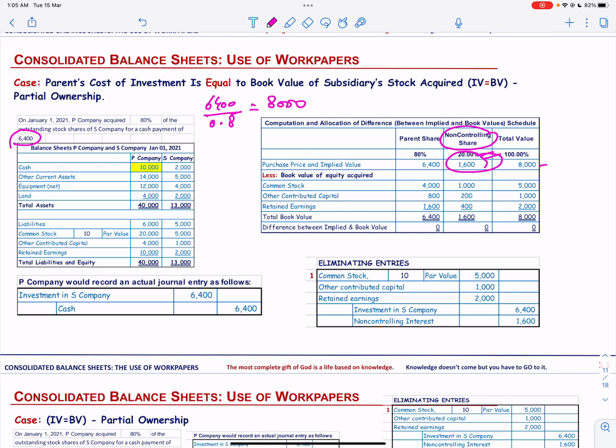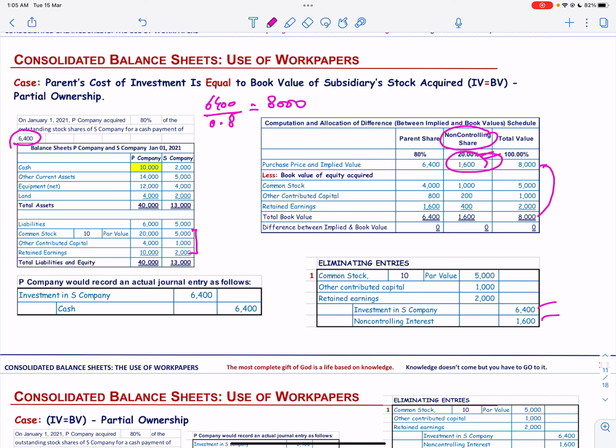Now since the implied and book value are equal, the entire 100% of S company equity is eliminated, 80% against the investment account, while the remaining 20% constitutes the non-controlling interest.